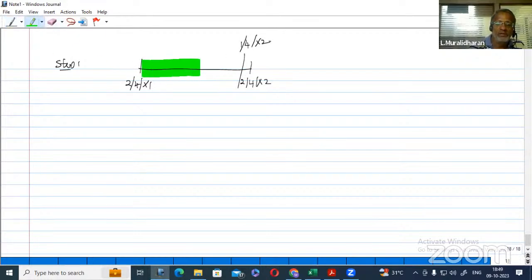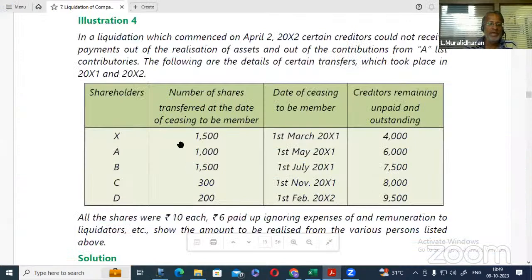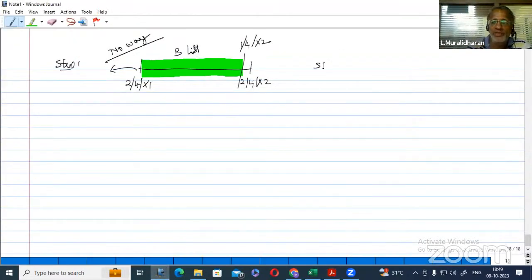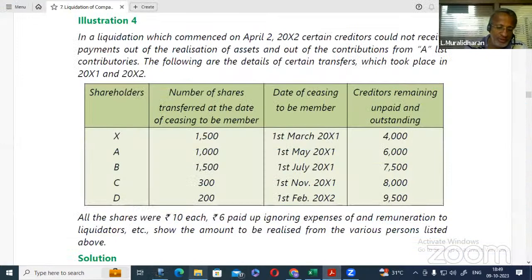Whosoever transferred in this period will come under B list. Anything prior to that, no way you can include them in the list. Here, X did this on 1st of April. So, shareholders X, A, B, C and D. Date of transfer: 1st April x1, 1st May, 1st July.